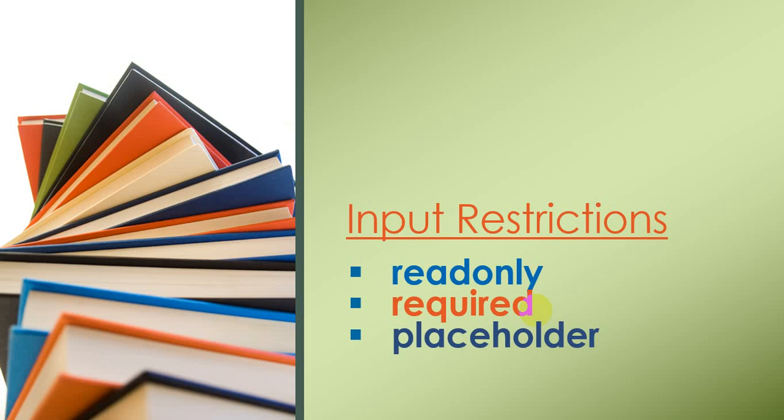It means you have to fill it, it's required, it's compulsory. The field cannot be blank, the user cannot skip that particular text box, and the user has to enter a value in that field. So the required attribute is used to restrict the user from skipping that particular field.